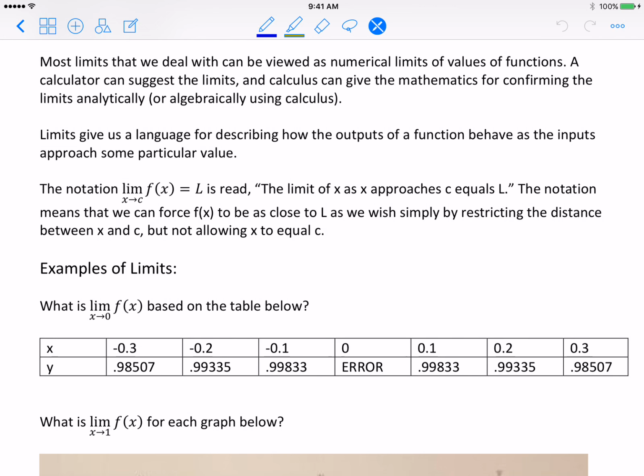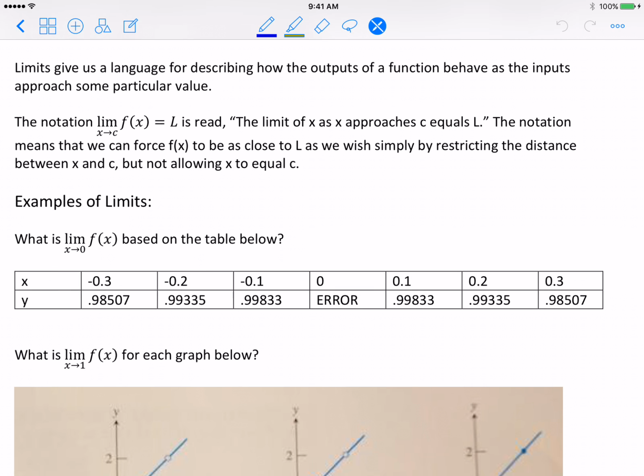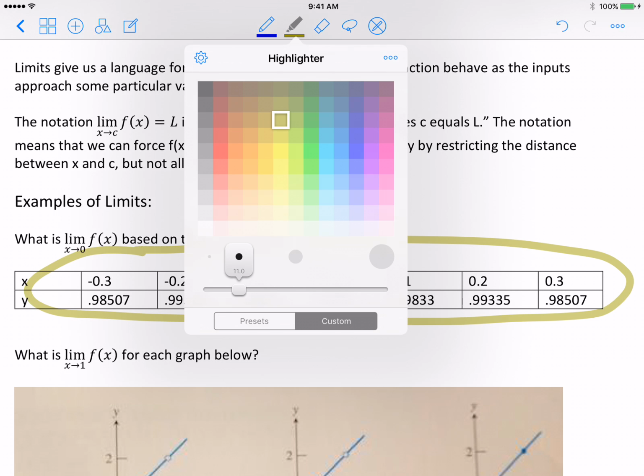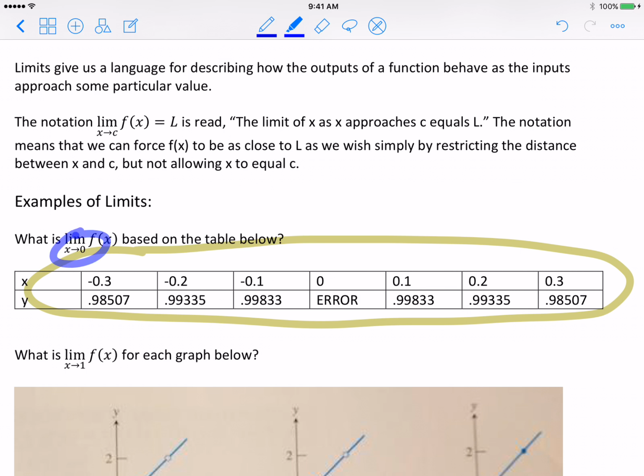So, examples of limits. Take a look at this table. We don't know what the actual function is, but you're given the table values. As your x value approaches 0, what is the limit of this function? What do you think the limit is?